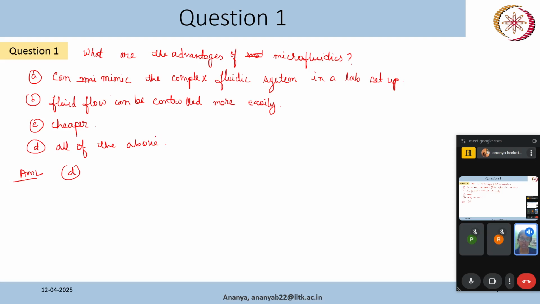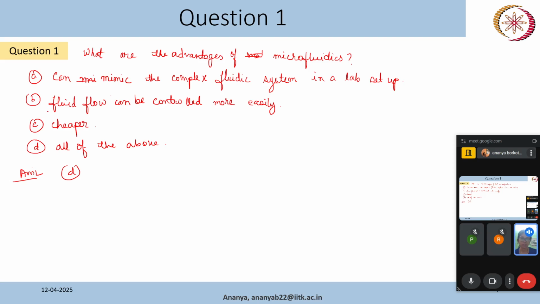We can use this in a lab setup to mimic a biological system, and we can control the fluid flow easily, because these are small channels and we can control them very easily using different instruments. These are cheaper because they are very small, we can make a large batch in one go, and we don't need that much material.